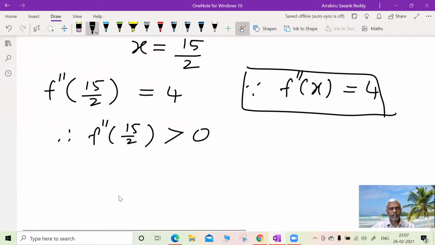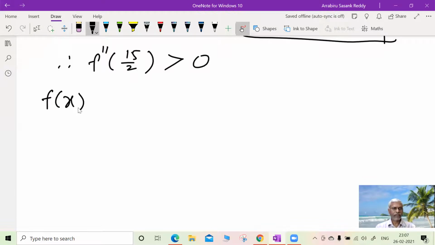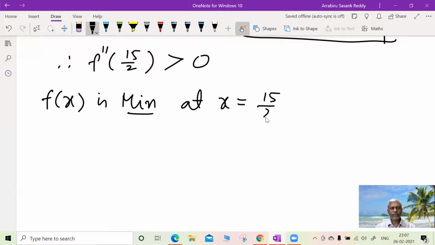If f double dash is greater than 0, then it is minimum. If less than 0, it is maximum. Therefore, f x is minimum at x is equal to 15 by 2. We want minimum. The condition is minimum. So the first number is 15 by 2.